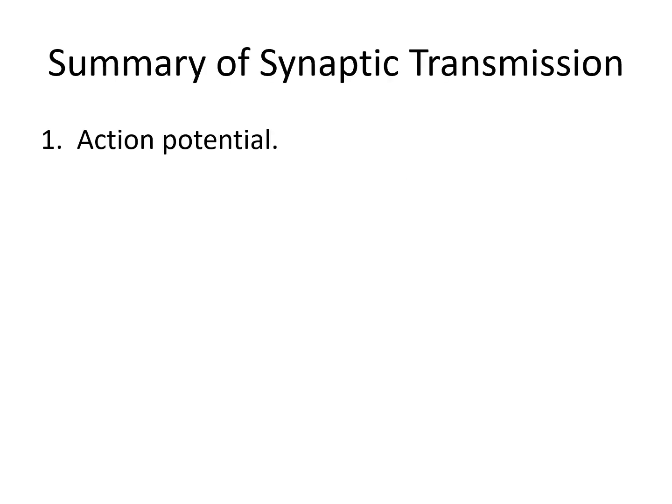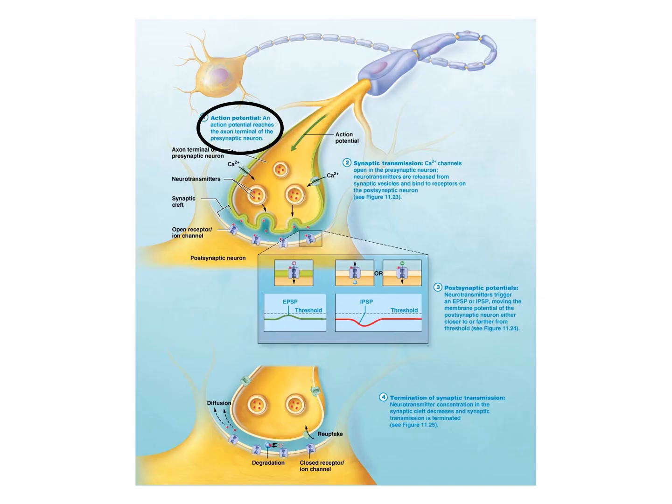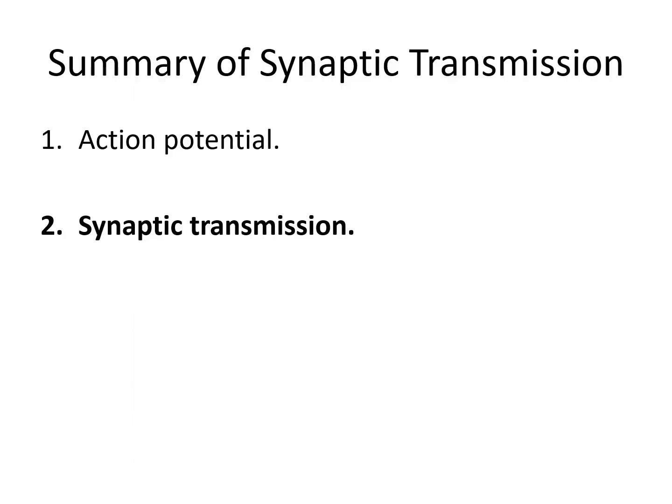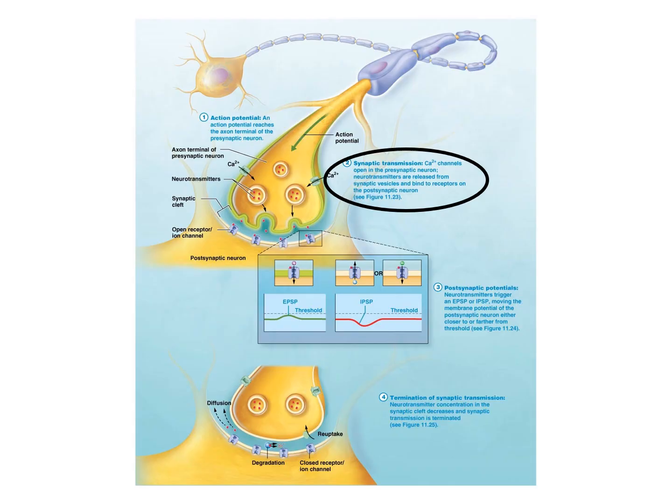So let's look at a summary of synaptic transmission now. Remember, first we have an action potential coming down from a presynaptic neuron. Then we have synaptic transmission, because remember, there's calcium-dependent exocytosis of neurotransmitters that can be released into the synaptic cleft.